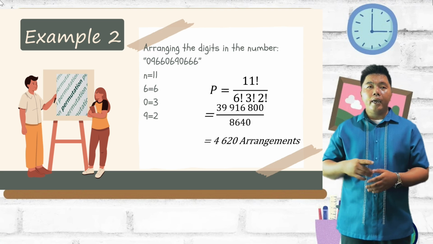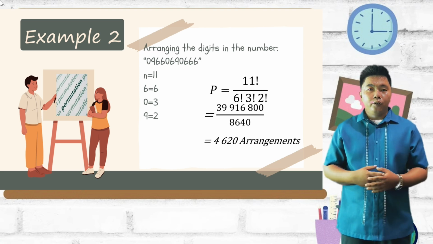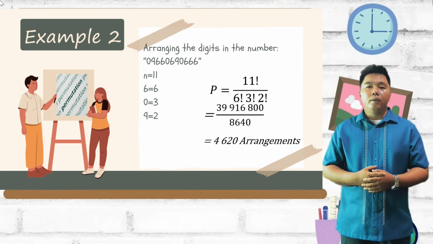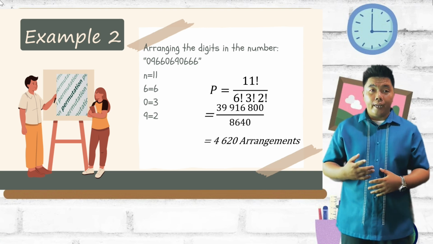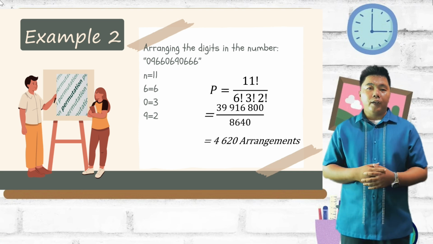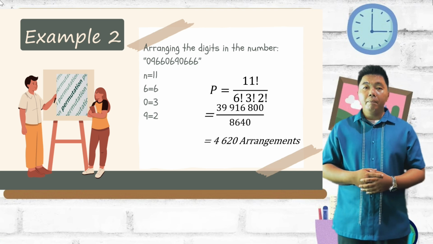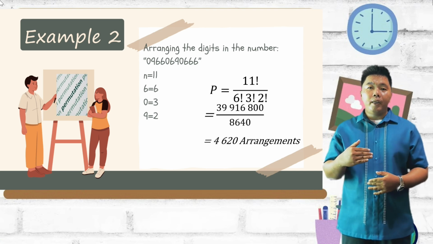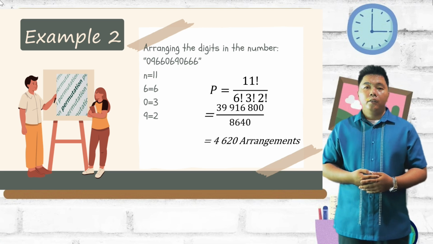P is equal to, again, n factorial divided by P factorial times Q factorial times R factorial and so on. So we have the numerator as 11 factorial. For our denominator, that is over 6 factorial times 3 factorial times 2 factorial. Remember that the total of our denominator must match our numerator.